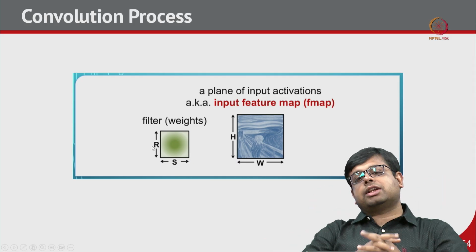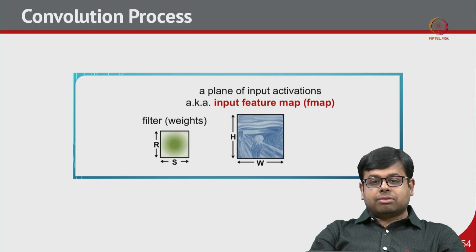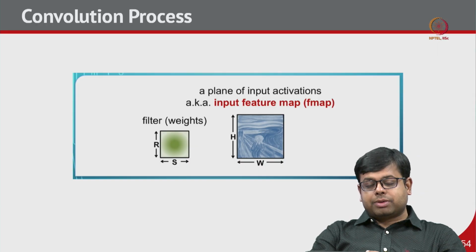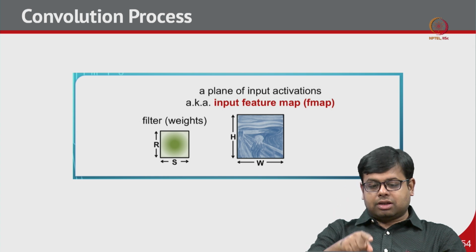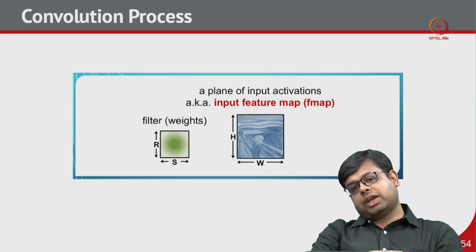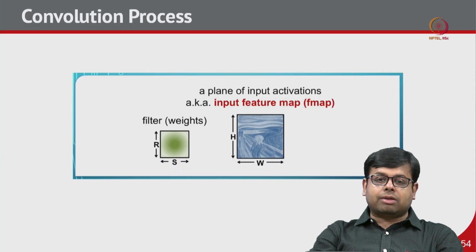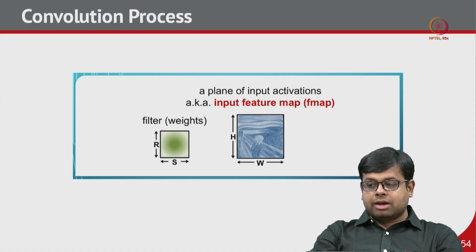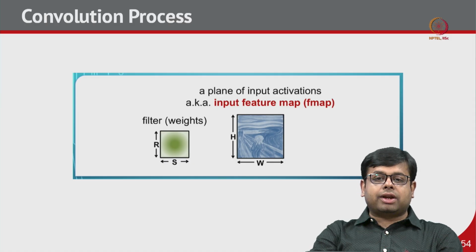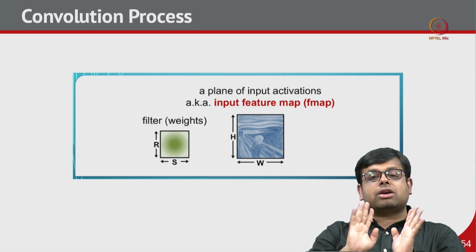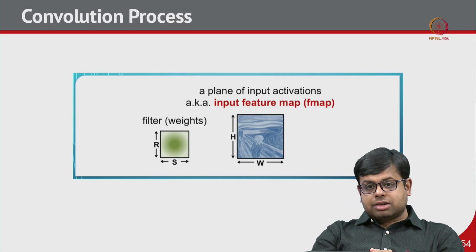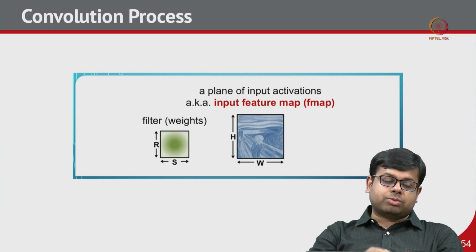A little bit of reiteration: if we just pass this image onto a multilayer perceptron, with image height H and image width W, then we will have a total number of pixels of H multiplied by W. All these H multiplied by W pixels will be fed onto the different neurons of the multilayer perceptron, but that is not a correct way to analyze an image, because remember, the neighboring pixels have to be analyzed so that we can know what this image is of.